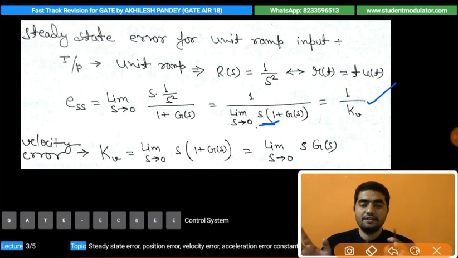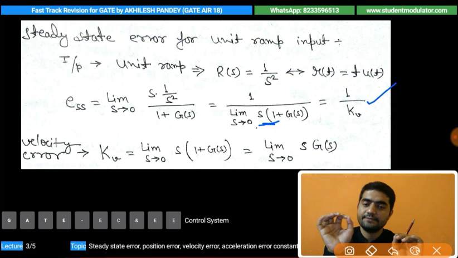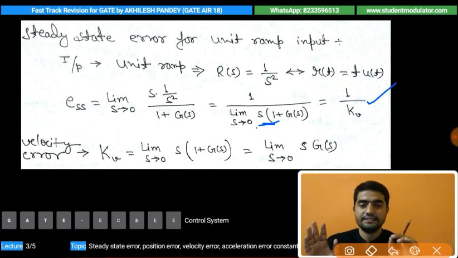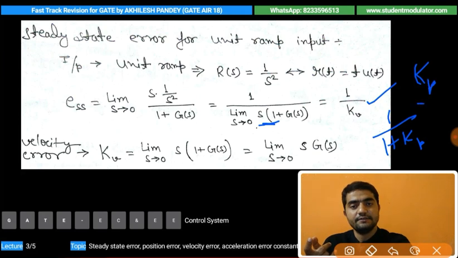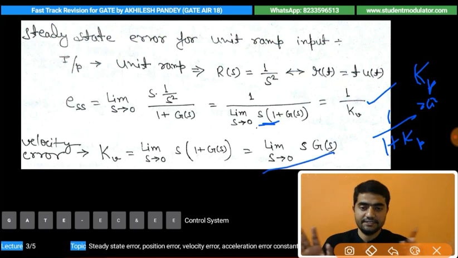So there is some difference between the formulas of steady state error. For position error constant, 1 upon 1 plus Kp, and for velocity error 1 upon Kv. And Kp is just equal to limit s tends to 0 G(s) itself, and Kv is limit s tends to 0 s into G(s). So these are the differences between these two.